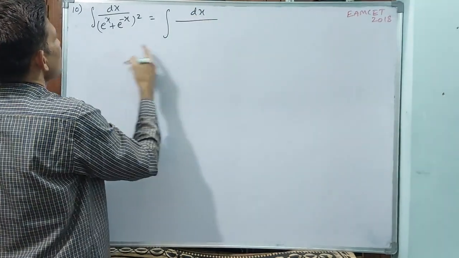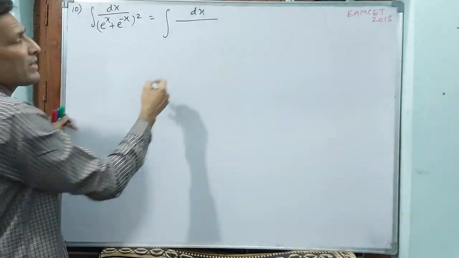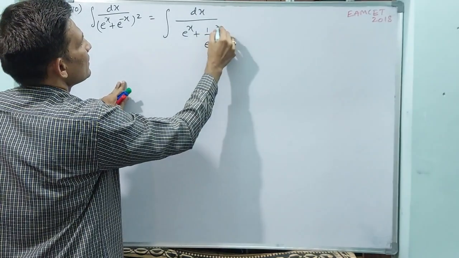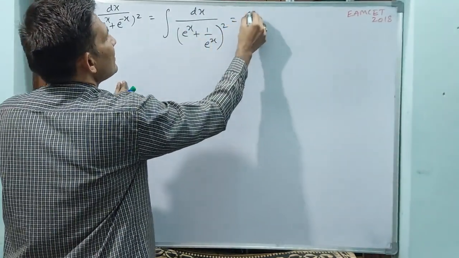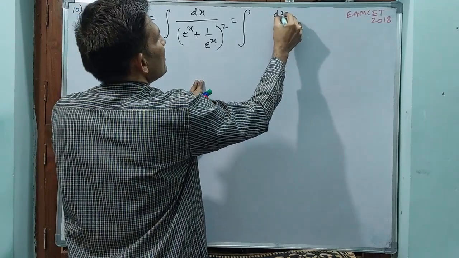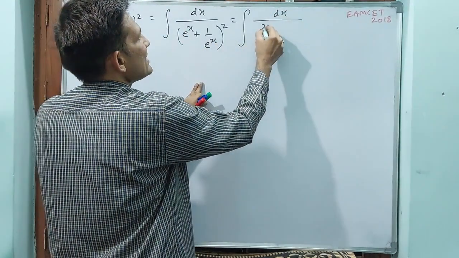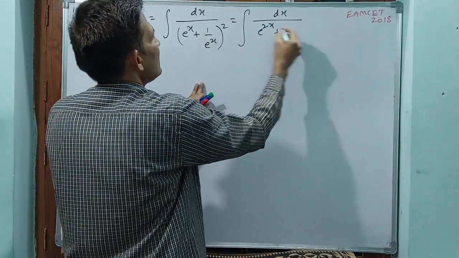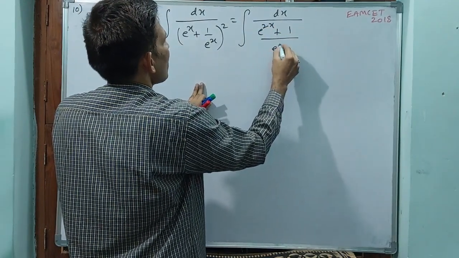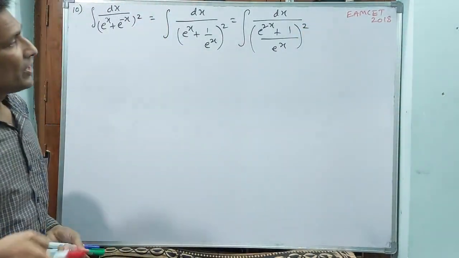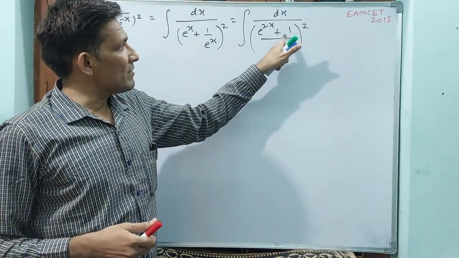First of all, what we can say, e power minus x means 1 by e power x. See how I am writing: integral dx by (e power x plus 1 by e power x) whole square, that is equal to integral dx by (e power 2x plus 1 divided by e power x) whole square. Okay, see, here also square is there for numerator and denominator.